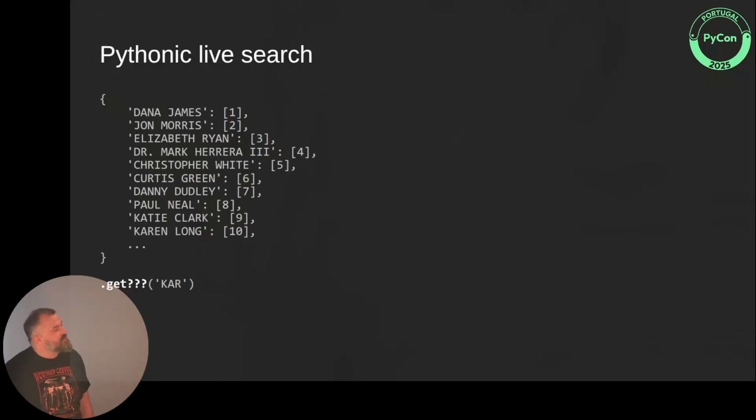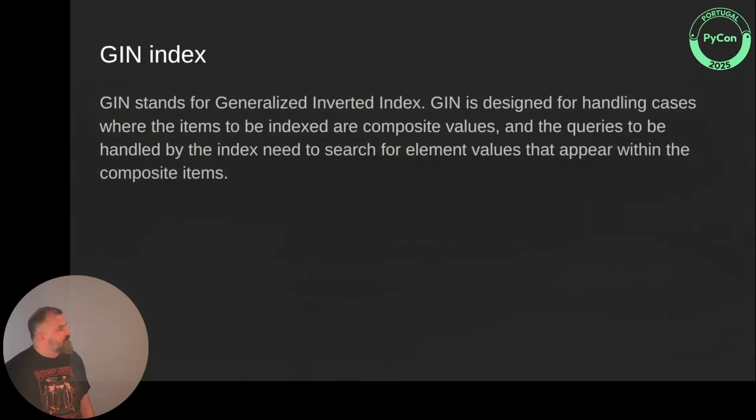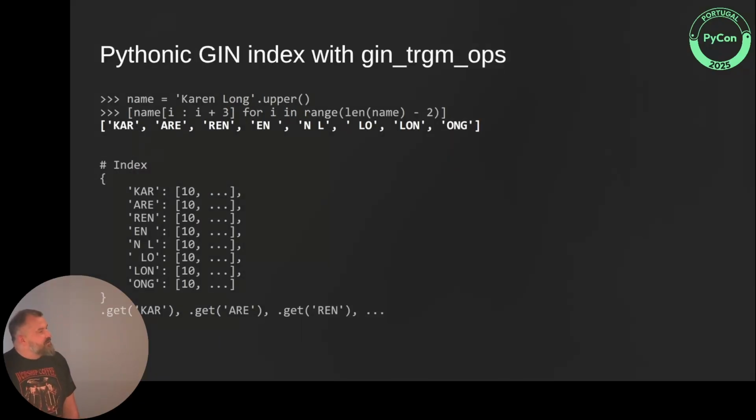again, a Pythonic example. We have these keys, and we can't look up in the dictionary by just having a part of the key. There's no such operation, and therefore we need to build a different kind of index. Postgres has GIN, generalized inverted indexes. I won't go into details, but just to explain how those work, again in Python. What it does is split the keys into triplets, all combinations of 3 letters that are inside of a key.